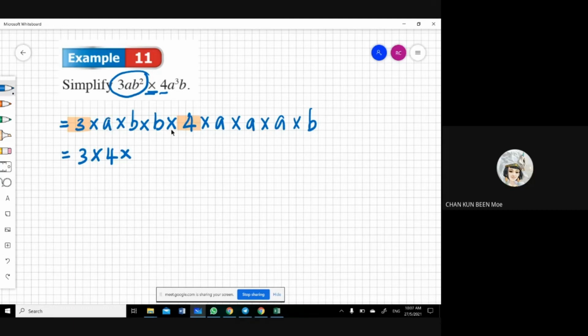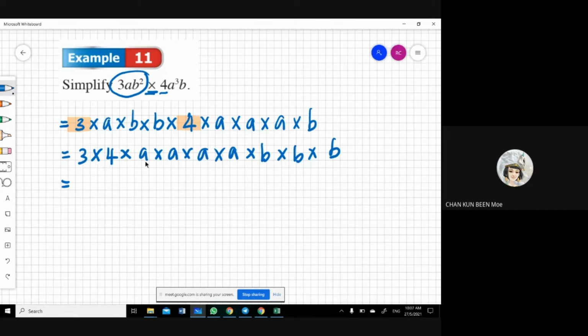How many a? 1, 2, 3, 4. So I'm going to gather all the 4a together. After that, I have 1, 2, 3b. So multiply b, b, b.